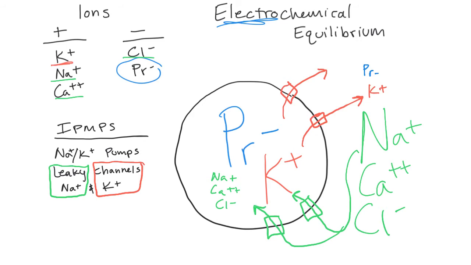All right, so the point at which the electrical charges are balanced out by the leaky channels, by the diffusion gradient, gives you an overall negative charge of 70 millivolts inside the cell, if you're just looking at the leaky channels.